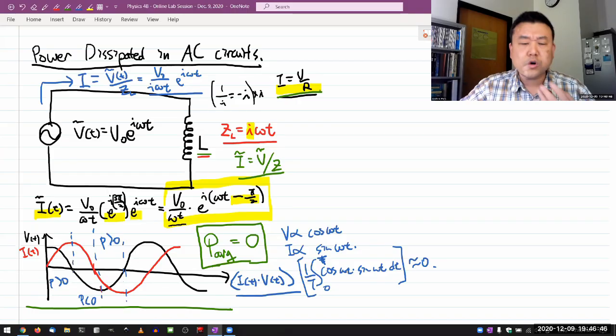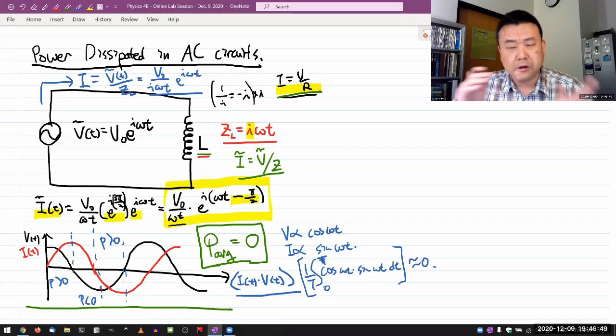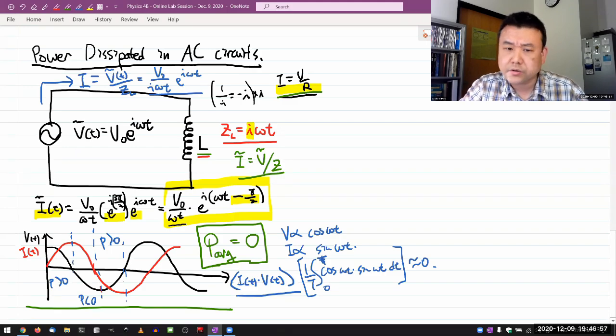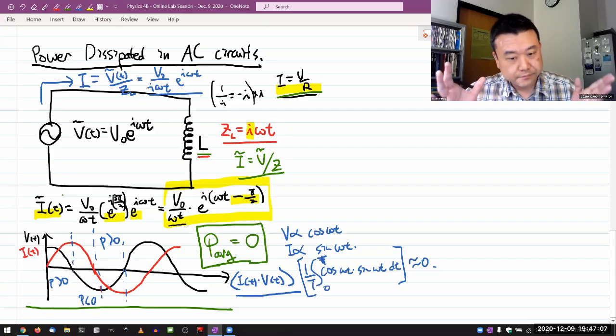It only involves transfer of energy from the power source to the magnetic field in the inductor. So I hope that when you get the answer that average power dissipated in this circuit is zero, it makes intuitive sense.